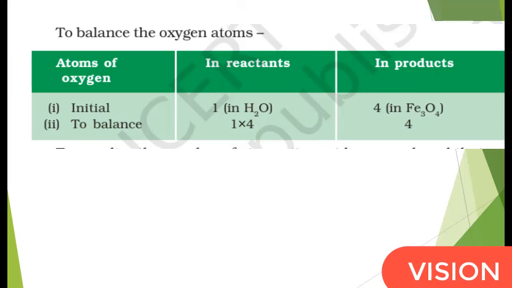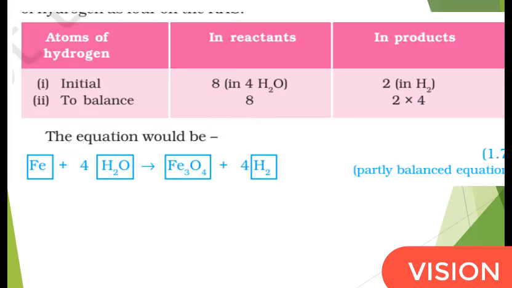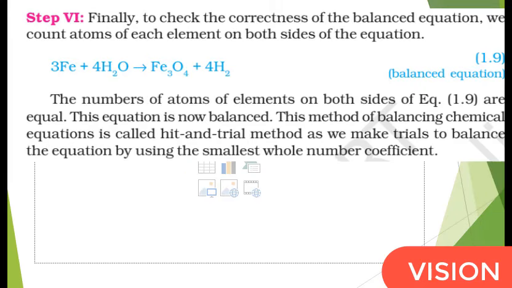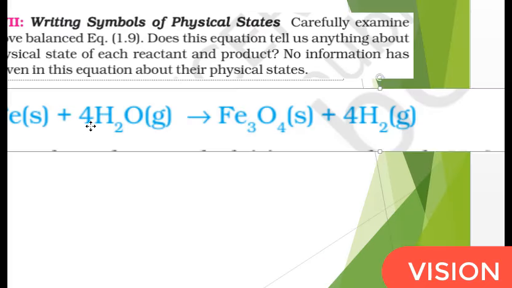In this case we first took the ferrous. After that we took oxygen and balanced the oxygen. After that finally we balanced the hydrogen. And step 6 is verification. Once the balance is verified and correctness is verified, we have to put the state of the chemicals.